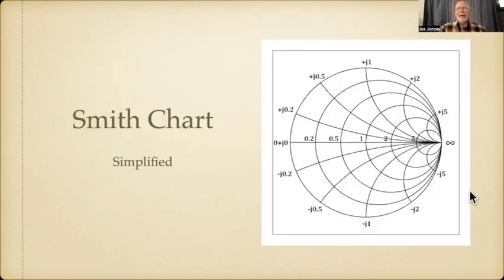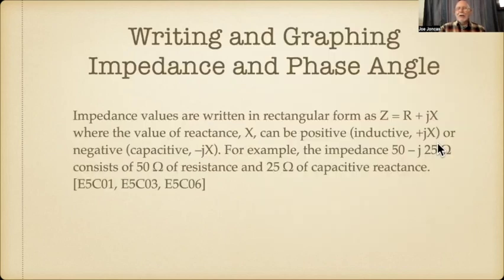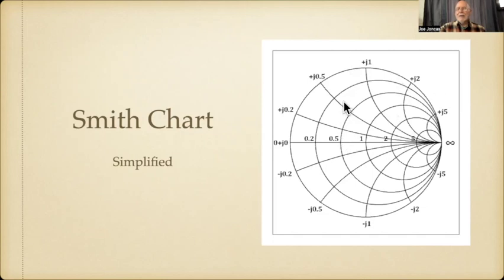Now, here again is the Smith chart. And I want you people to kind of get familiar with this little guy here. Right in the middle is 50 ohms. This is the real resistance line. So if you go with R plus J, that line is the R, and plus J is up here.